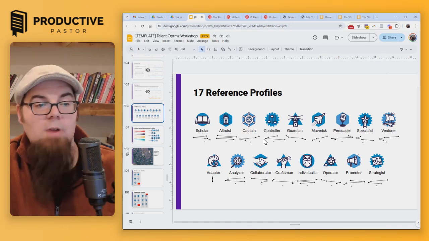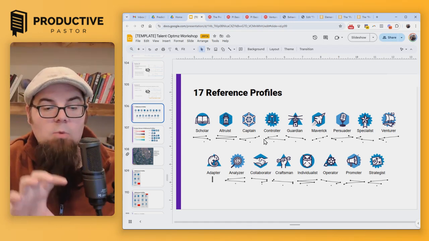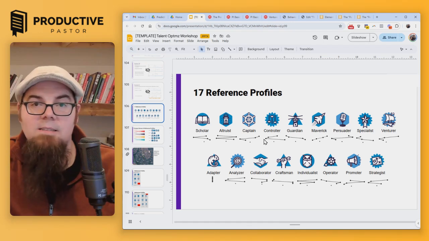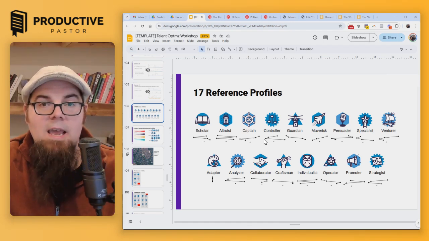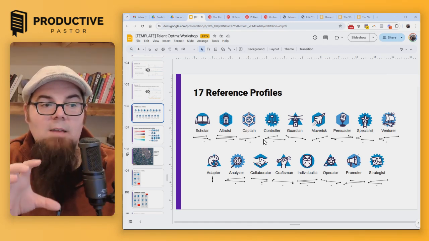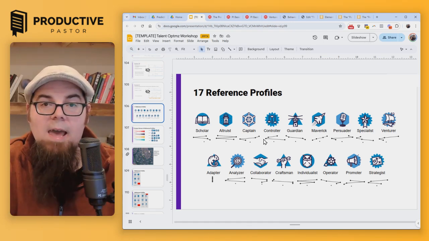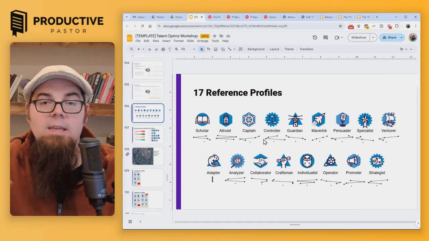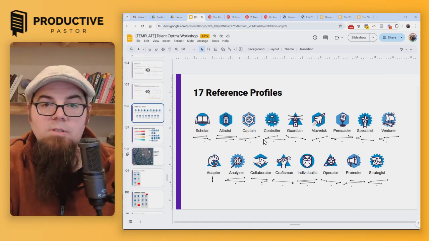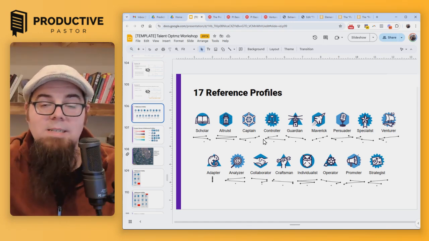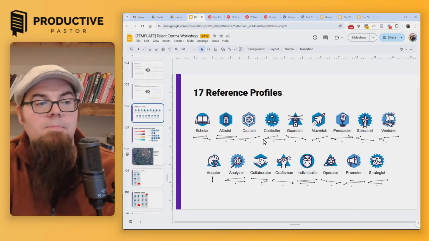Four primary drivers, and these drivers are what creates needs, and needs then create behaviors. So the idea is that if we can measure the drivers that they have, then we can predict future behaviors.